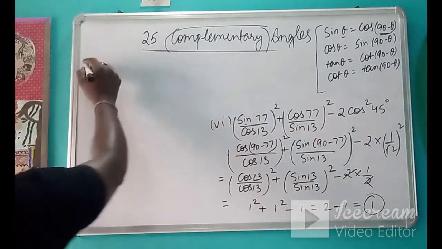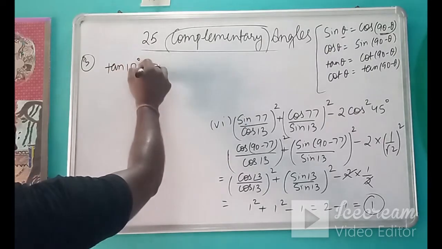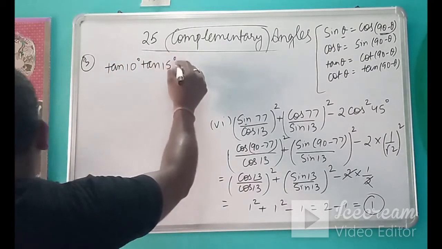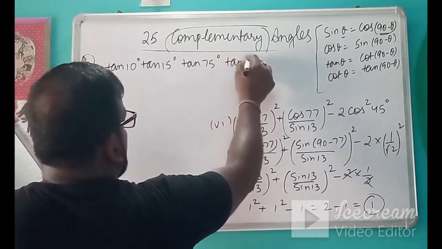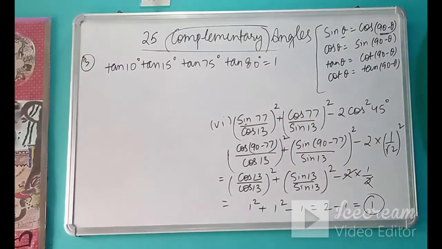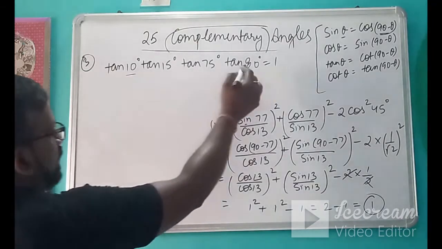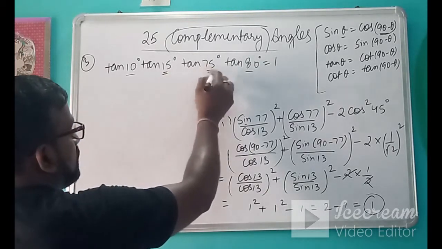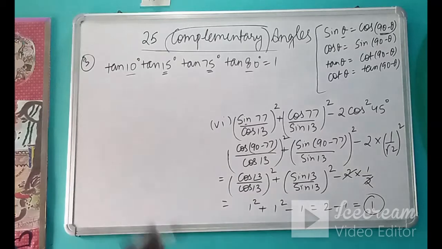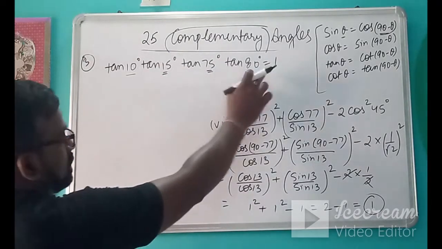So in this question, what we have to show is that this equals 1. So see, this 10 and 80 make the complementary angle pair, and this 15 and 75 make the complementary angle pair. So we will change either these two or these two.